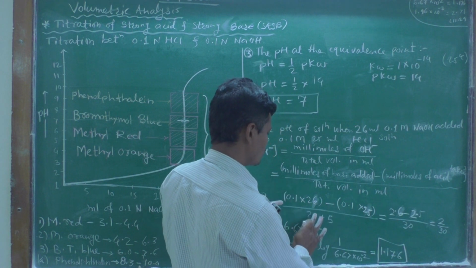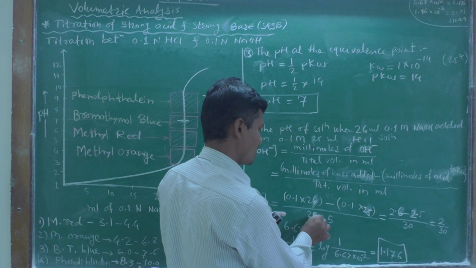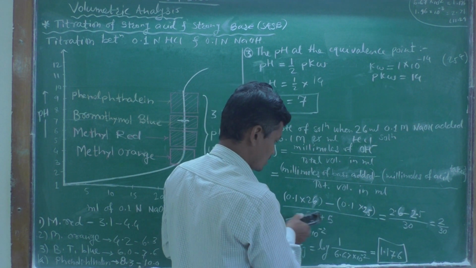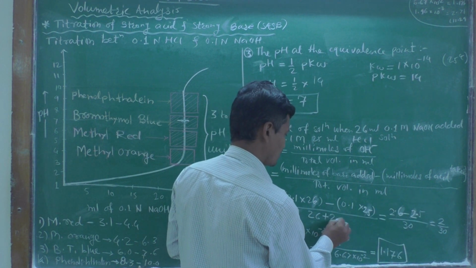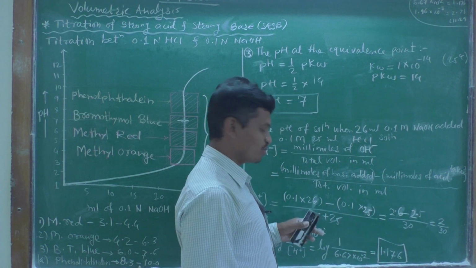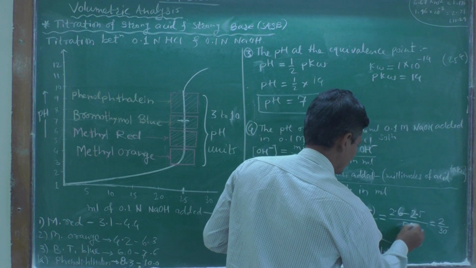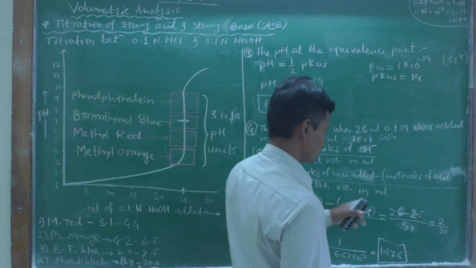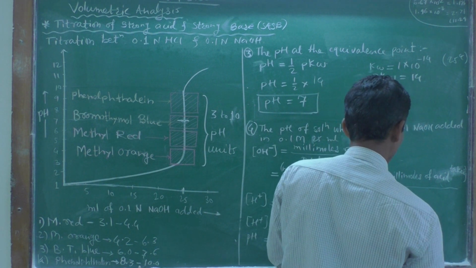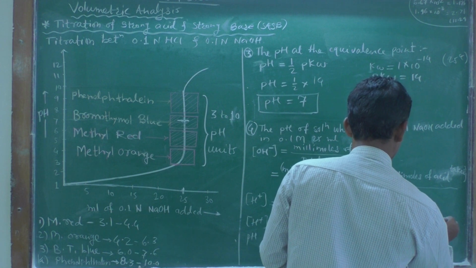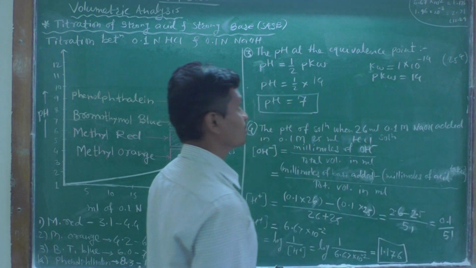This is the total volume in solution: 26 ml of NaOH plus 25 ml of acid, a combination of both these two. Okay, so 26 plus 25, it becomes 51, and this calculation will become 2.6 minus 2.5, the answer will be 0.1. 0.1 divided by 51.